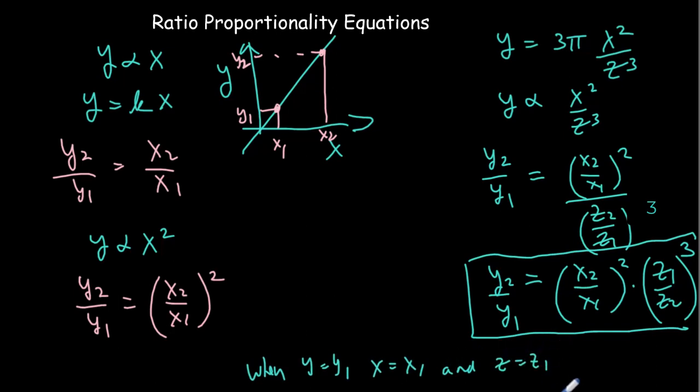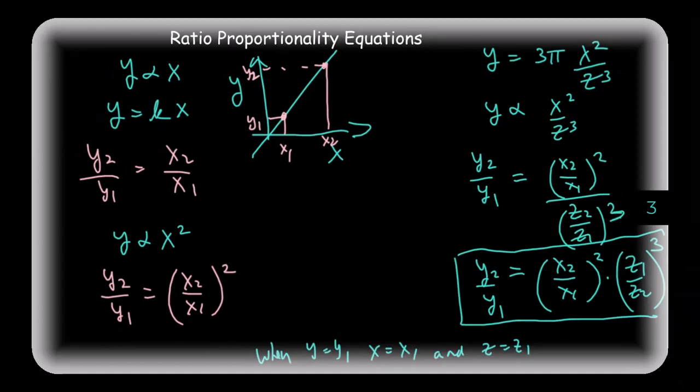And when y is equal to y2, x is equal to x2, and z is equal to z2, etc. So typically x1, y1, and z1 here would represent a state of the system. And x2, y2, z2 would represent another state of the system. So let's take a little closer look at that.